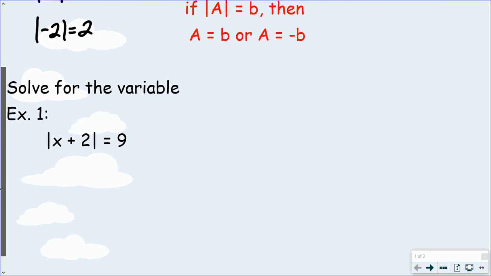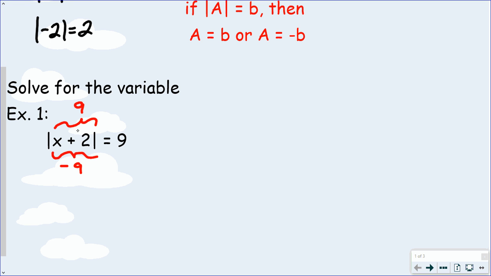All right, so let's look at an example. It says the absolute value of x plus 2 equals 9. So what's inside of here is equal to 9. Now, the absolute value of 9 is 9, but the absolute value of -9 is also 9.